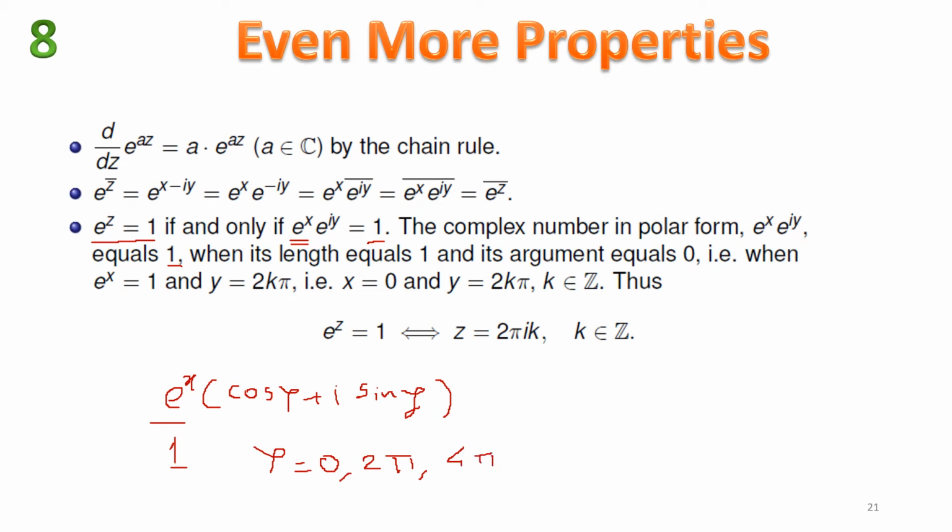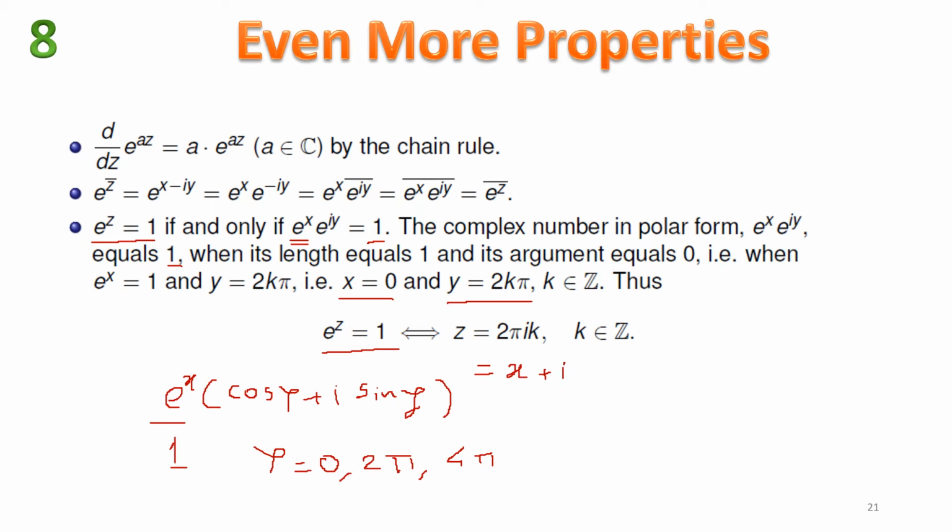Similarly, at those points, sine of y will be 0. So obviously, in a very generalized way, we should consider x is equal to 0 and y is equal to 2 pi k, where k is an integer. And then e to the z equal to 1 has a condition that x is 0, where z is equal to x plus iy.